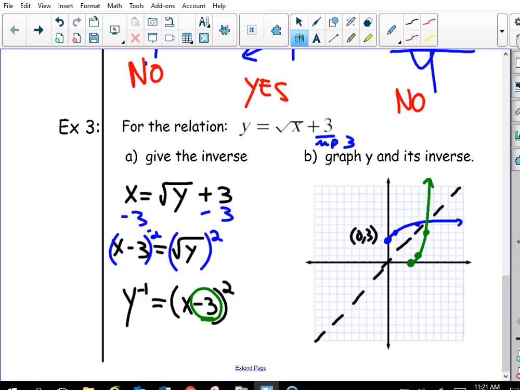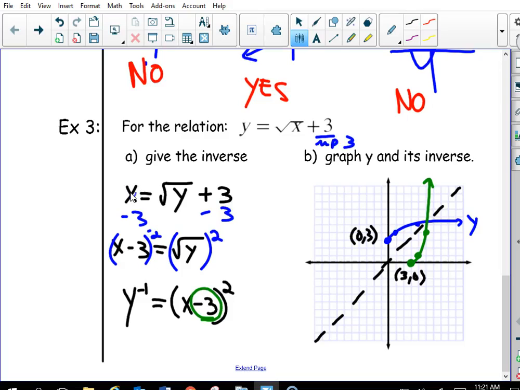And if you're absolutely not sure, then just check some of the points. We start out with 0, 3 and graphed 3, 0. You could do the same with the other points instead of graphing. So we have 1, 4 graphed on y. Then we would graph 4, 1 on y to the minus 1. And there's 4, 1, our middle point.